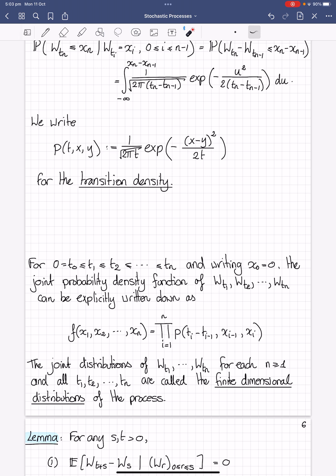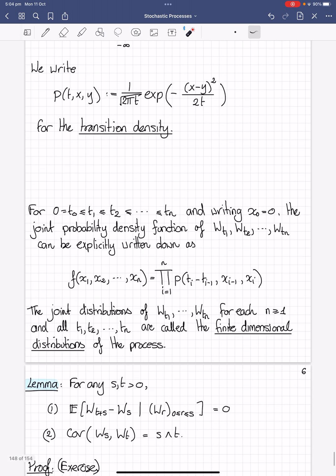We plug in the time increment for the time, x is the previous time step, and xi is the current time step, and we take the product over all of these time steps. So this joint distribution of the Brownian motion at n time points, for all possible time points, is what we call the finite dimensional distributions of the process.